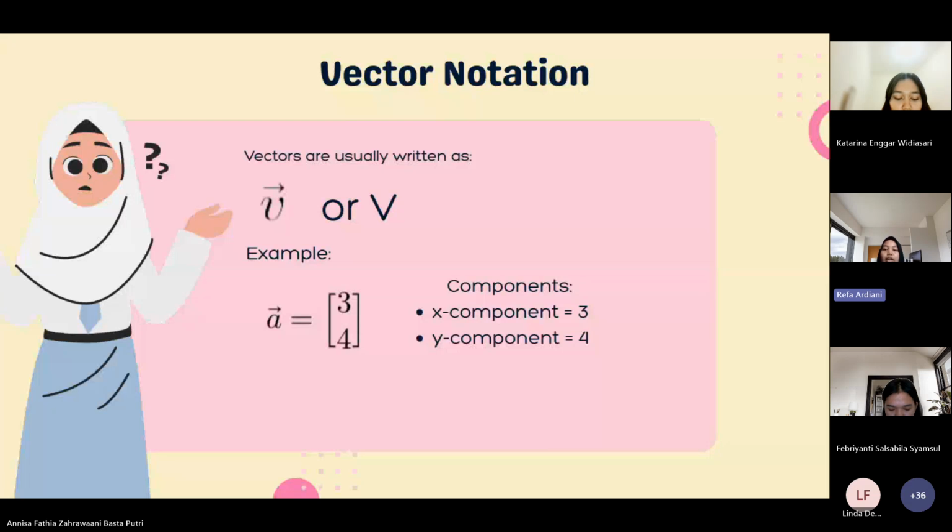For the example, vector A equals (3, 4) has two components. The x component is 3 and the y component is 4. These components describe the movement of the vector along the x-axis and y-axis. Okay, next slide.